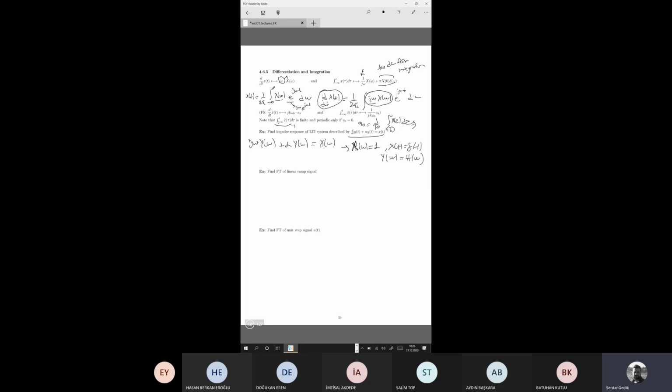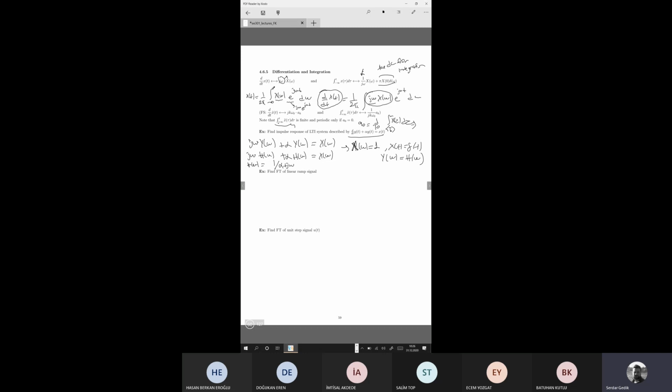So if I have the impulse at the input, then at the output I have y of t, which is h of t, the impulse response, and y of omega is nothing but the frequency response of my LTI system. So this tells me that j omega times h of omega plus alpha times h of omega is nothing but x of omega, and h of omega is actually 1 over alpha plus j omega.